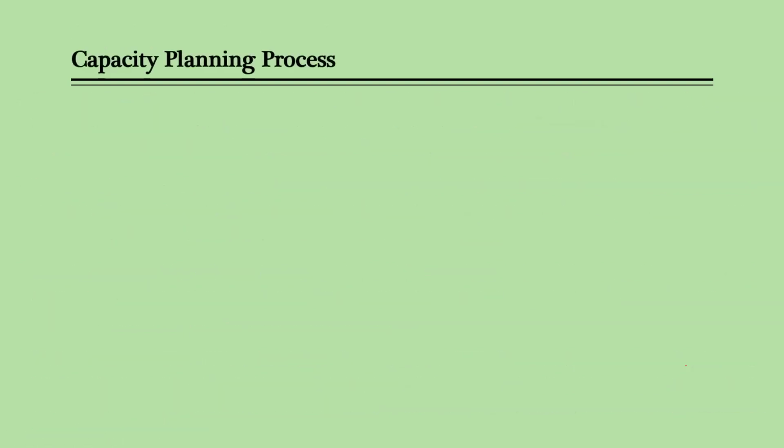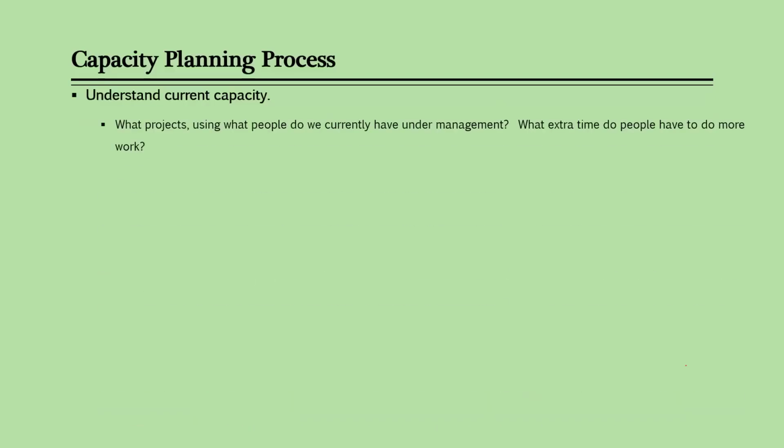Now let's see the capacity planning process. First, we have to understand the current capacity. This current capacity can be identified by raising these questions. What projects and what people do we currently have under management? At present, we have to take account of the labor resource and how we are going to use this labor resource in different projects.